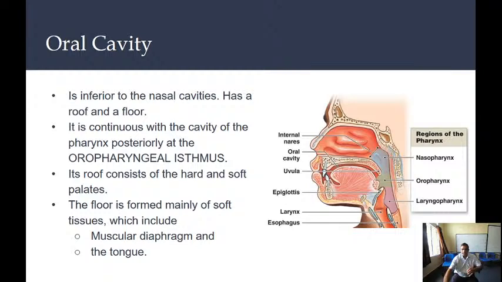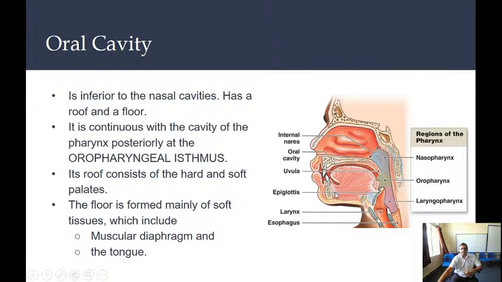The roof of the oral cavity consists of the hard palate, which consists partly of the maxilla and partly, the posterior 1/4 of it, the palatine bone. Then attached to that is the soft palate, which is a muscular structure. We will go into the details of this later.